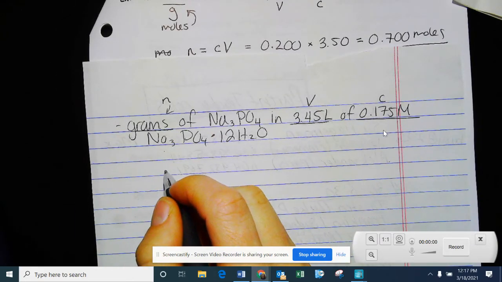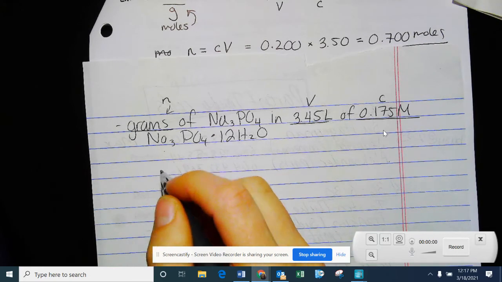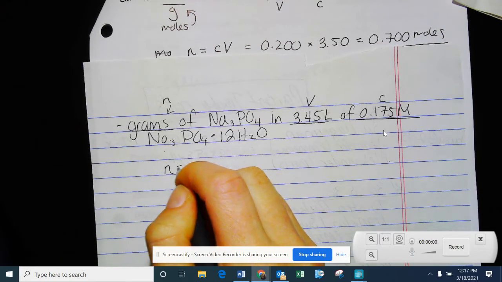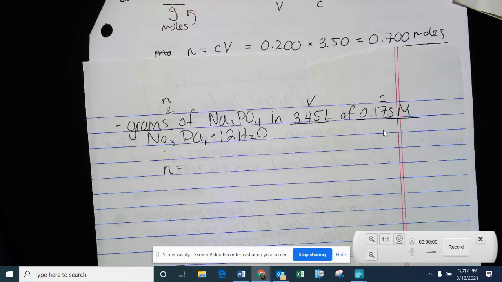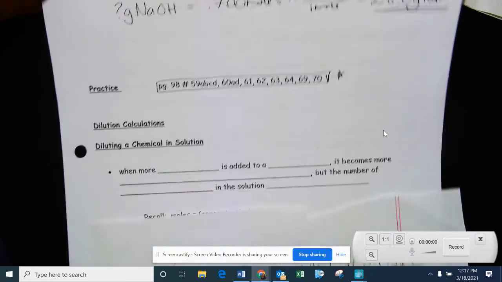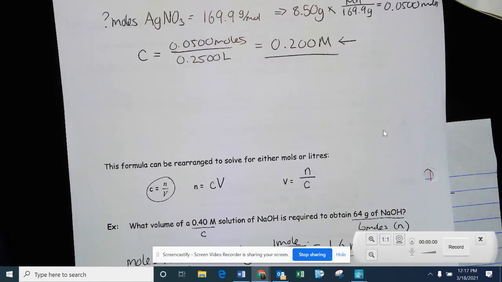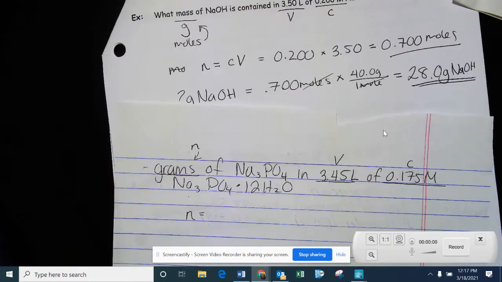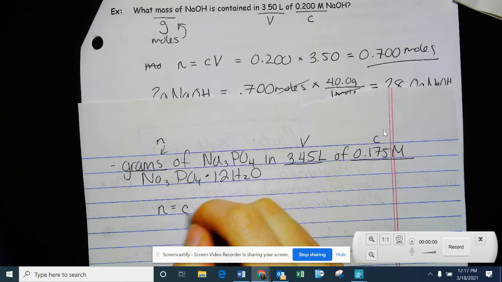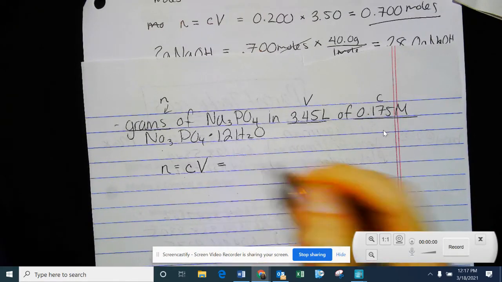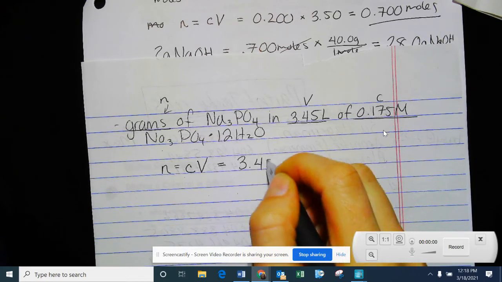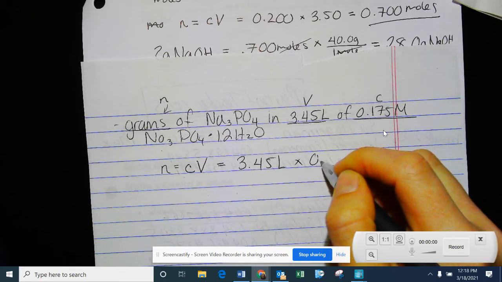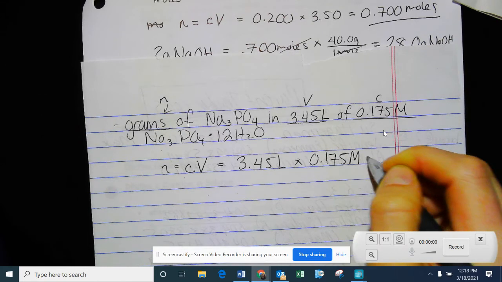Okay, so let's go through that process. What's the formula that we're going to use if we're looking for number of moles? What's N equal to? So we can rearrange this formula, but moles is equal to concentration times volume. So I'm going to go N equals CV, and that means 3.45 liters times 0.175 molar.